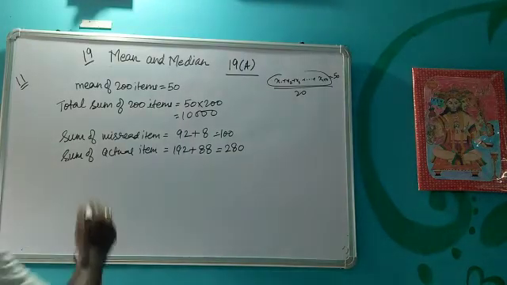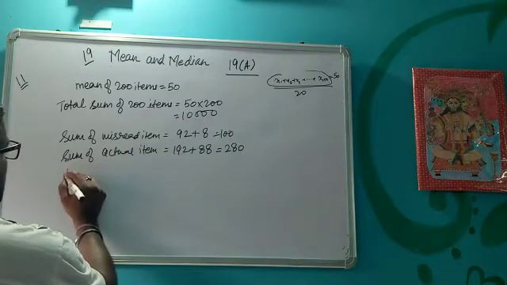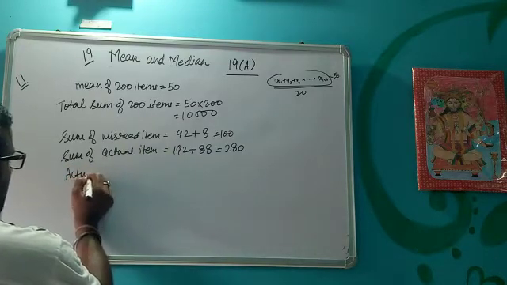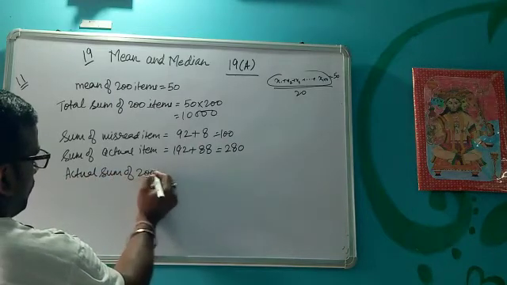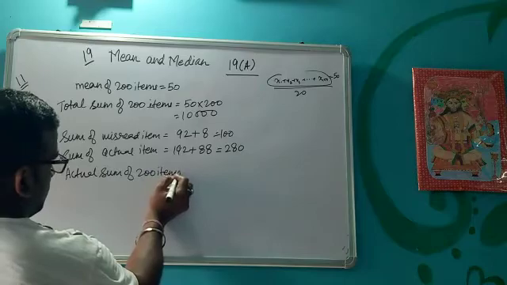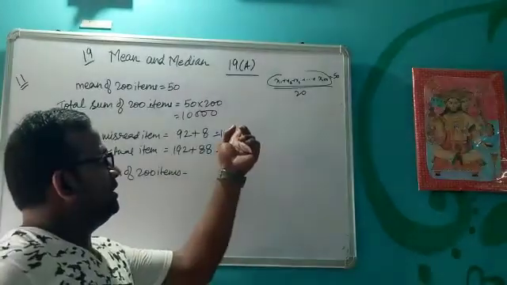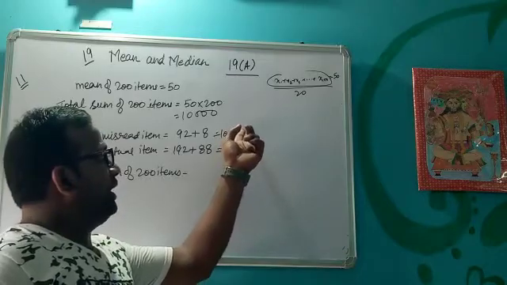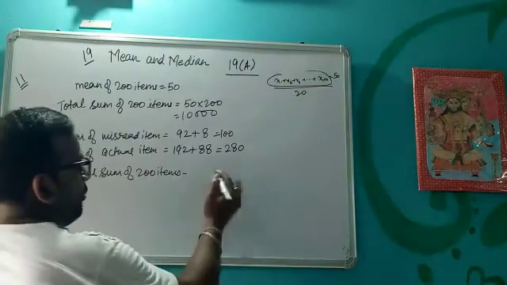Okay, so what we are going to do, we will calculate the actual sum of 200 items. So this was the sum, these were the two inaccurate items and these were the accurate items. So what will be the actual sum?